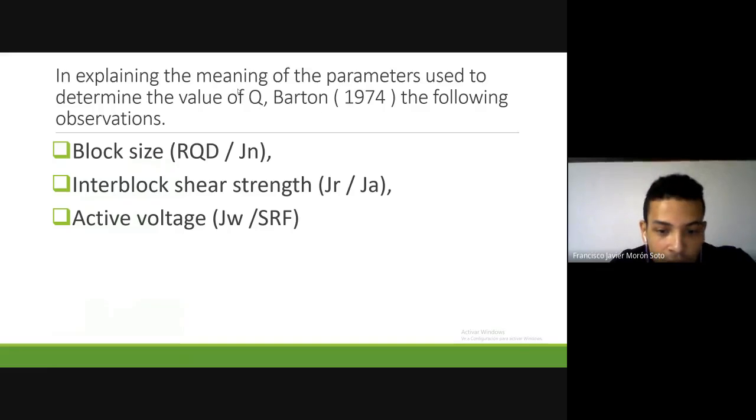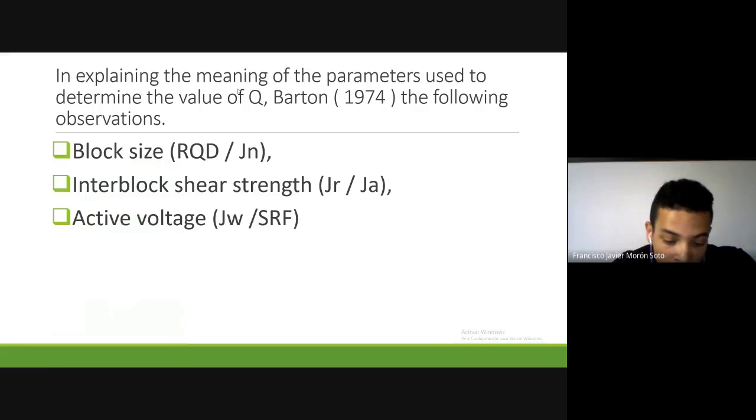Interblock shear strength, JR and JA, represents the roughness and friction characteristics of the joint walls or filler material. This ratio is weighted in favor of rough, unaltered joints in direct contact. It is to be expected that such surfaces will be near peak strength.